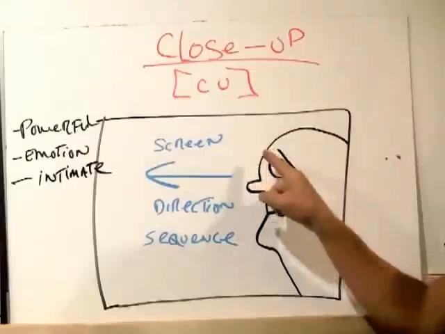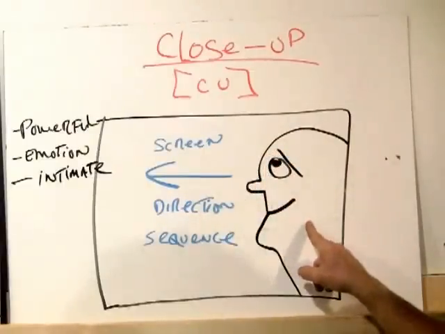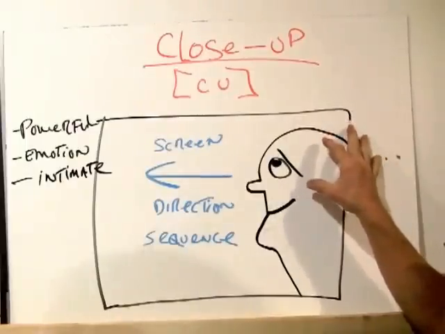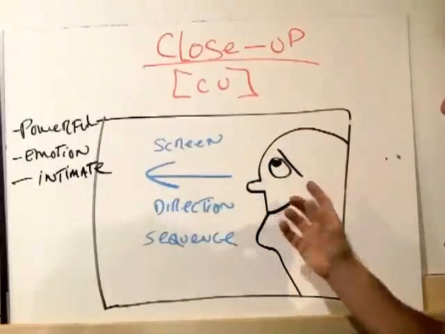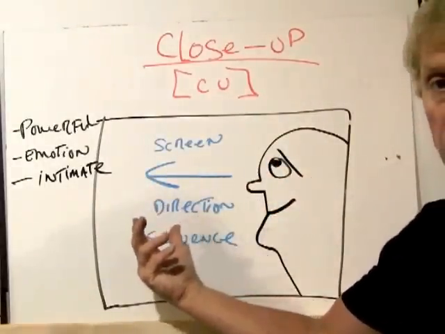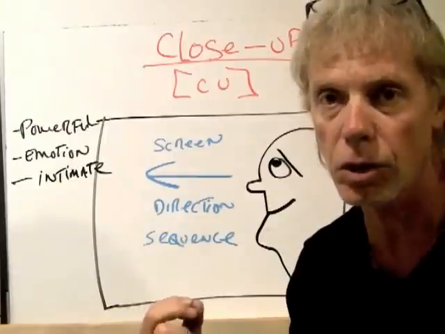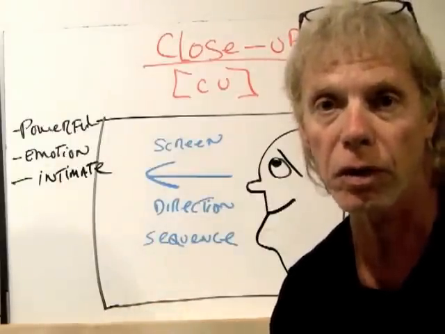Every shot prior to this close-up has been the character on the right side of the frame. If we were to switch that character, in other words, if the character were now facing this way in the close-up, it would be very confusing for the viewer.